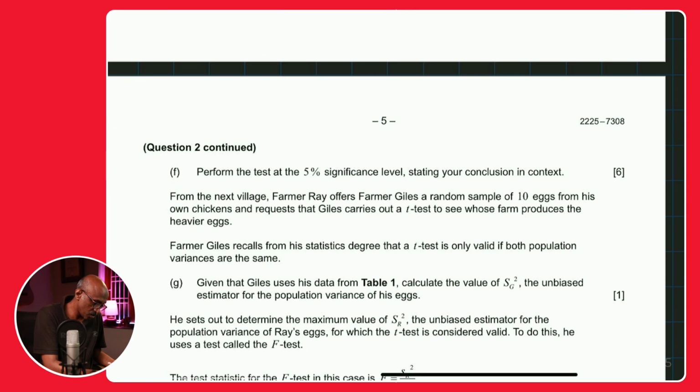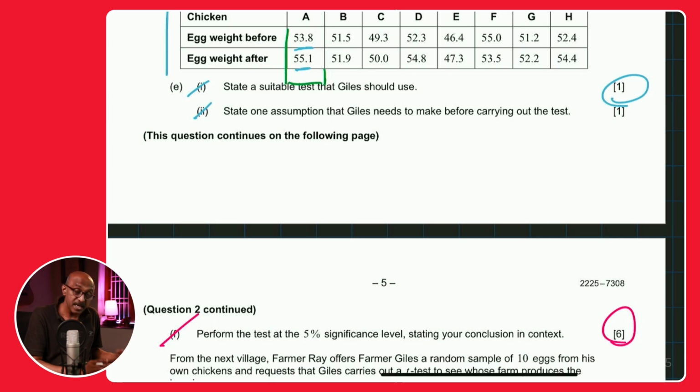So 2F is about performing the test at that 5% significance level, stating your conclusion in the context. 6-pointer, so you got to be very careful how you do that. The first thing, of course, in your written answers, you should copy down the table, but you should also make a column.